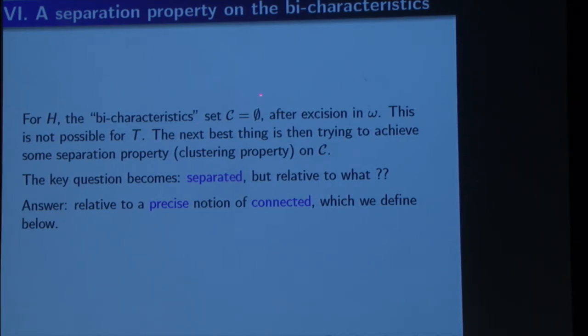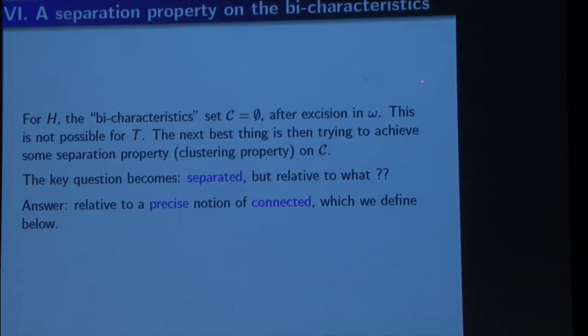So, a separation property on the bicharacteristics. For H, if I go back to the Anderson model, the corresponding bicharacteristic set C is empty, by excluding omega, because you have a parameter to tune.